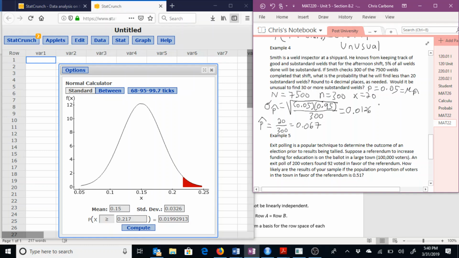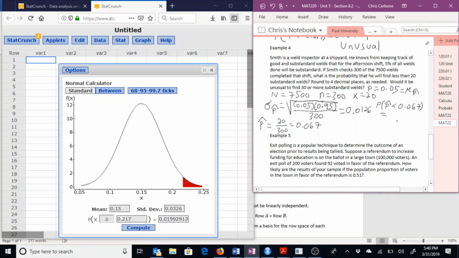So the probability that p hat is less than 0.067. We'll have fun what that's equal to.